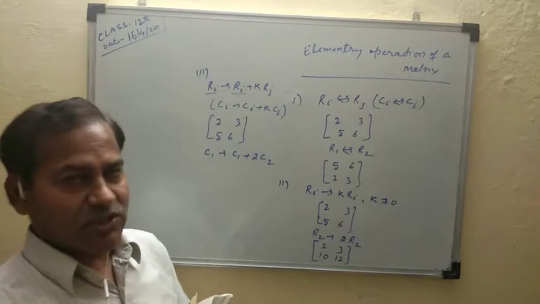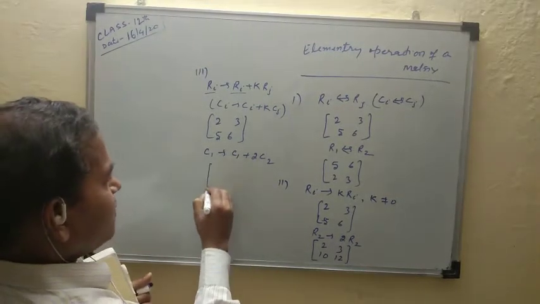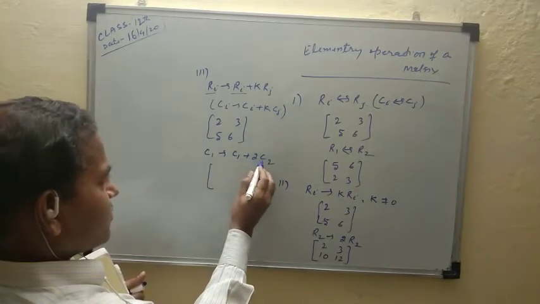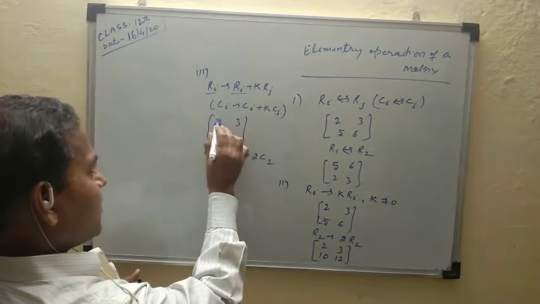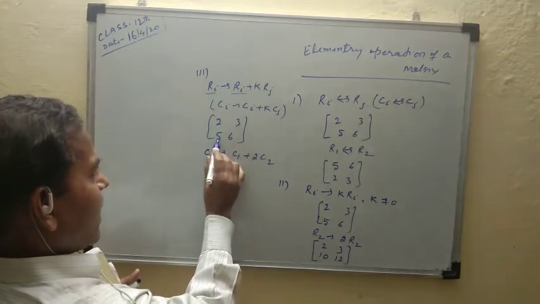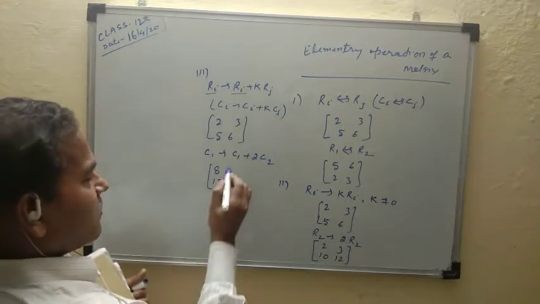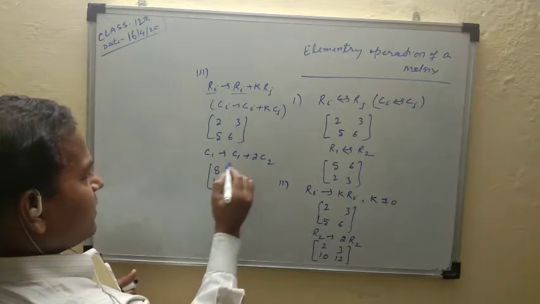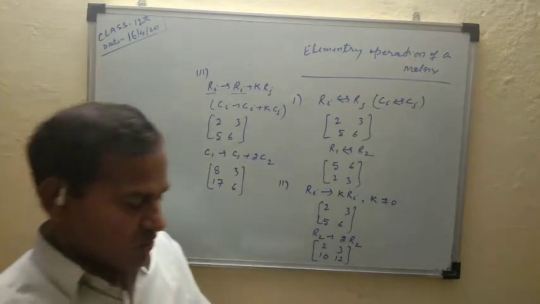C2 multiplied by 2 gives 6, then 2 plus 6 is 8, and 2 times 12 is 24, plus 5 gives 17 for the second entry. So this is the new C1, and C2 stays the same. So this is the third operation.